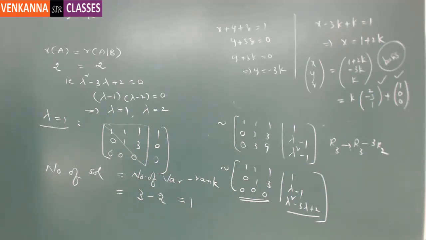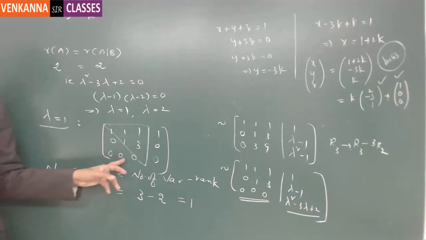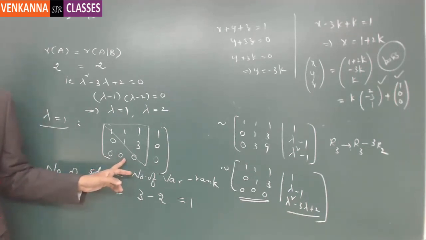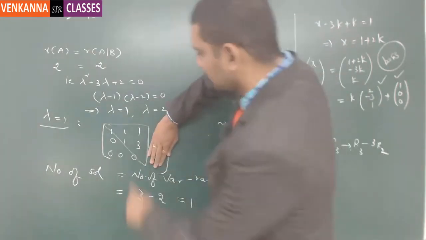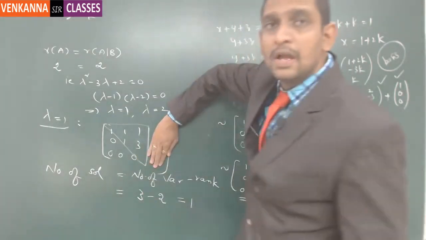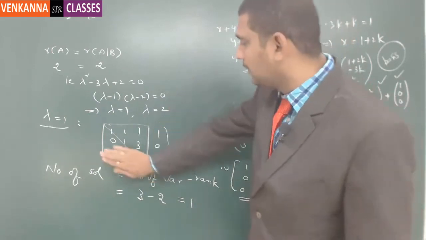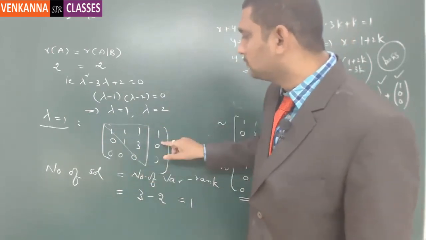If lambda is equal to 1, then what happens? This is our system, right? Do you agree? Yes. So what is the rank of A? This is 2. And what is the rank of A by B? This is also 2.